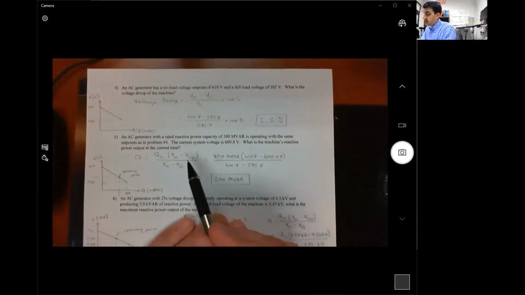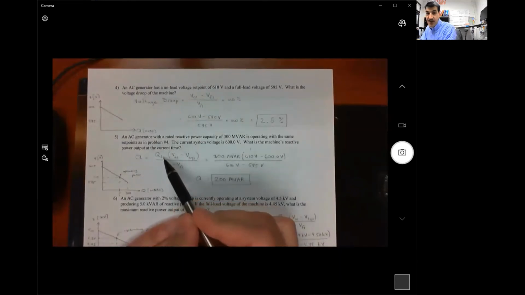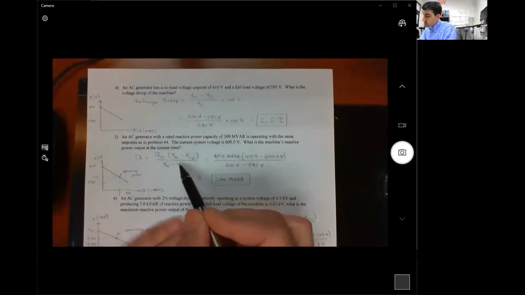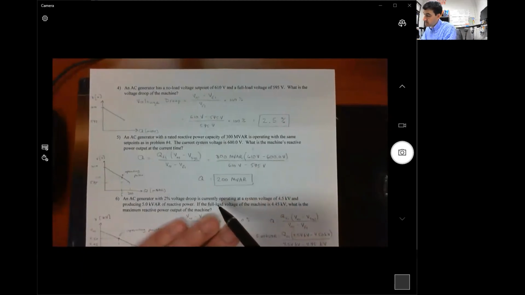Well, I do have an equation that has the maximum reactive power output in it. It's this one right here that we just used in number 5. Q sub FL is the maximum reactive power output of the machine. So I'd like to use this equation in number 6, but there is a problem.